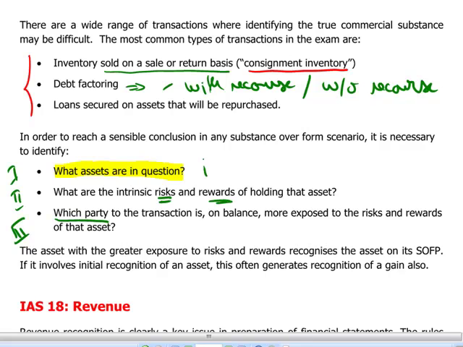So be aware, it may be inventory in your exam, it may be trade receivables, and do decide which are the risks and rewards and which party is having them. The party that is having most of the risks and rewards should report the asset in the statement of financial position at the year end.